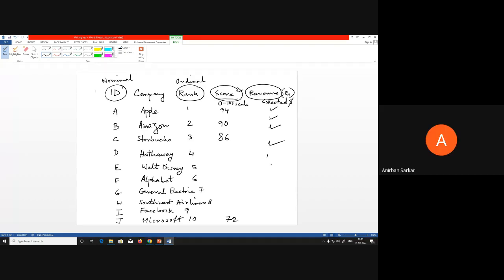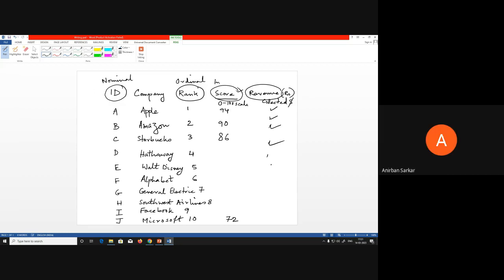In our example, ID is a nominal scale data. Rank is the ordinal scale data. What will score and revenue be? Is revenue called ratio scale data?